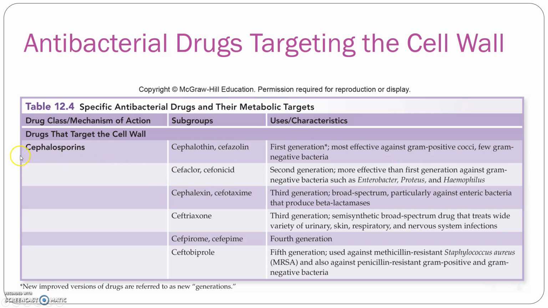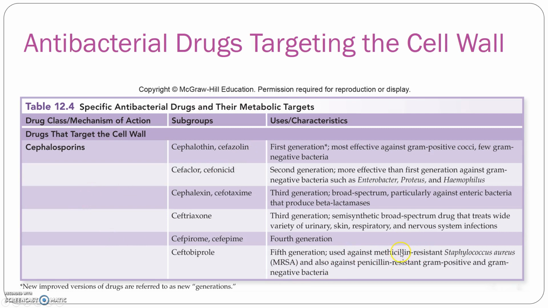All right, so in this particular table, they're going through the cephalosporin drugs. Essentially, it lists the first generation, second, third, fourth, and the fifth generation. So these were the original cephalosporins that were used: cephalothin and cefazolin.